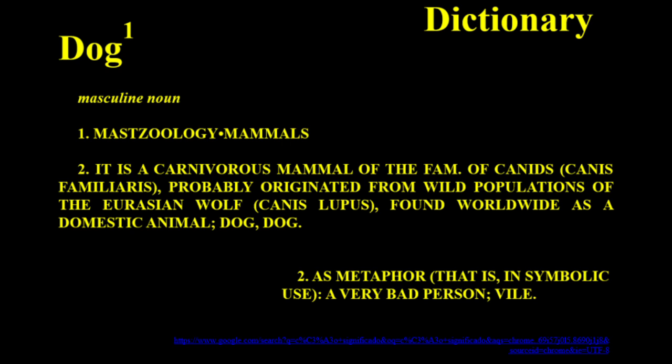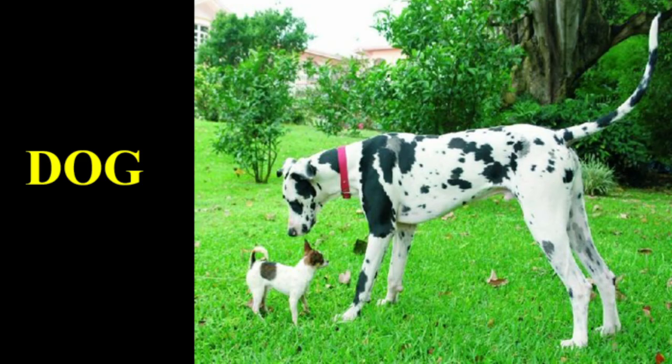Dog, now the second definition, a metaphor that is in symbolic use, a very bad person, vile. In this definition of dog, we do not find size to be a determining characteristic necessary or significant for the conceptualization of the dog animal, so that we can find a small dog or a big dog. This unimportance of the item size or length probably also occurs with the word day, as we will see later.